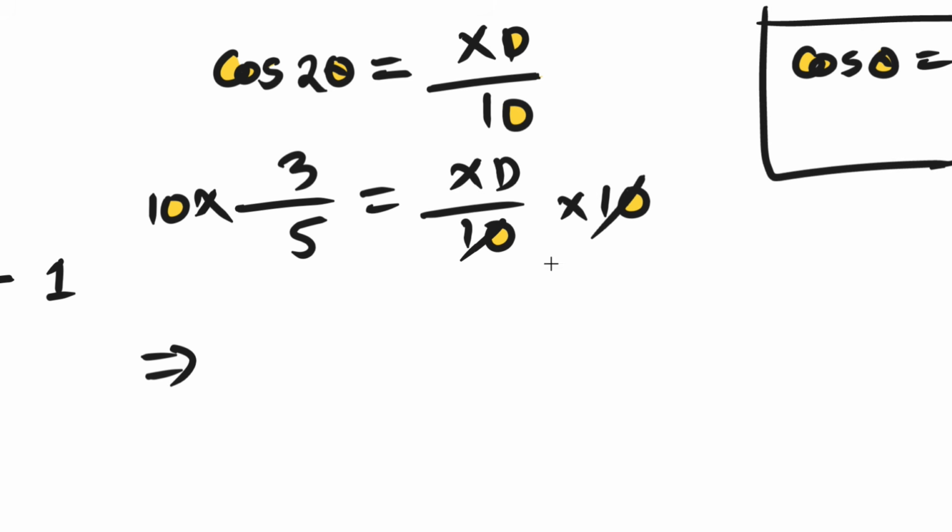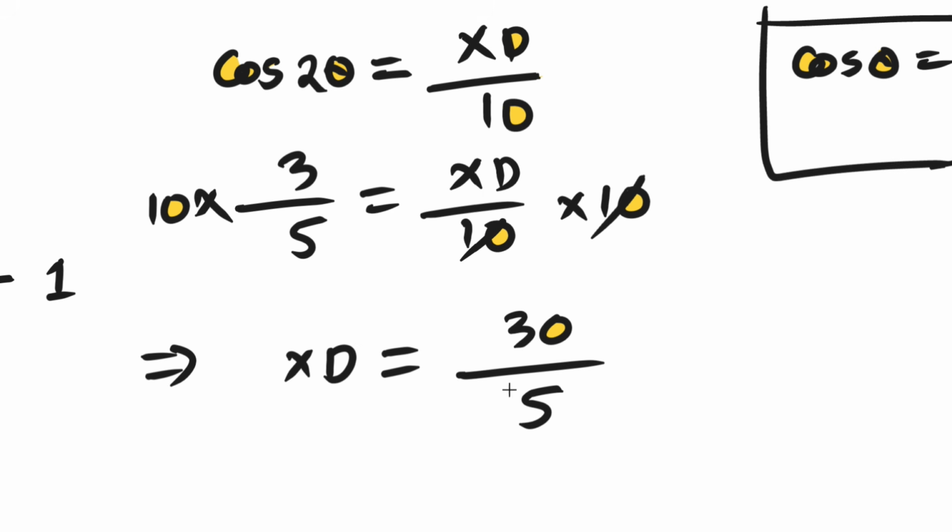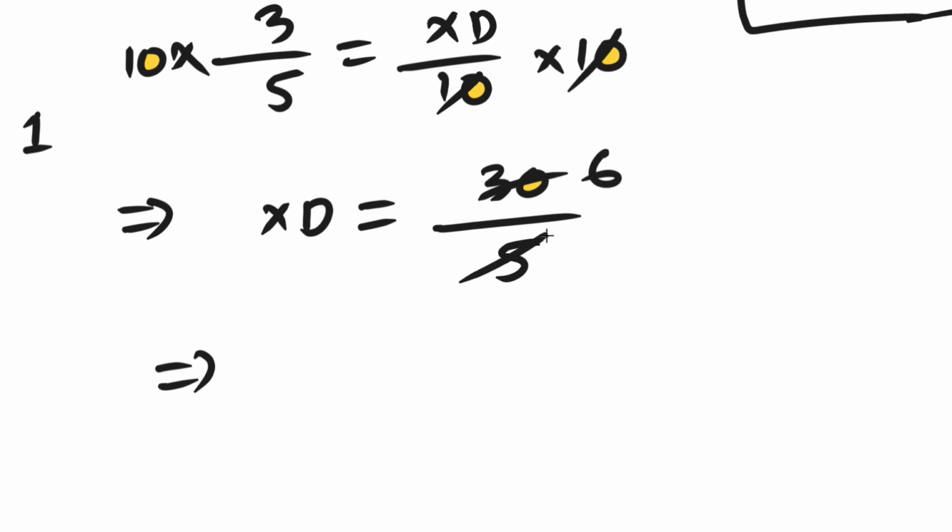On the left, the 10 cancels with the denominator 10, leaving XD. On the right, 10 multiplied by 3 divided by 5 gives 30 divided by 5, which equals 6. Therefore, XD equals 6 units.